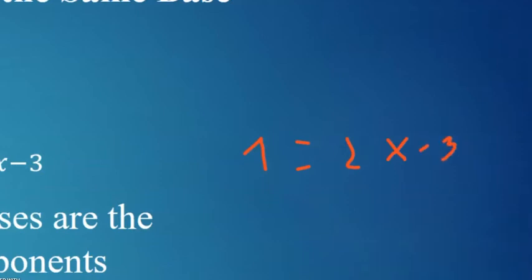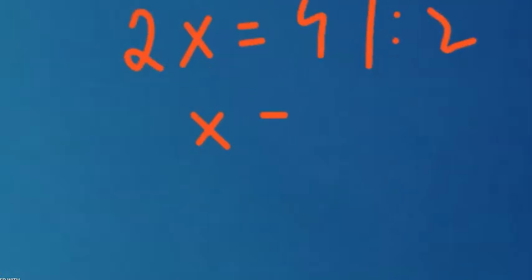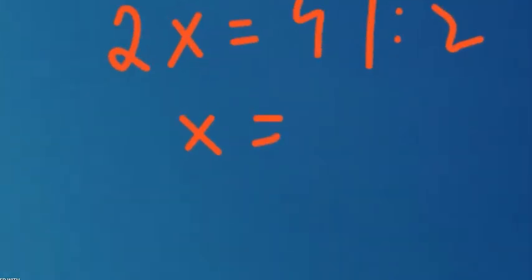And then, as you know, we can move the minus 3 to the left side with the inverse sign. And then it's going to be 2x equal to just 4. And then if you divide both sides by 2, then x equal to just 2.